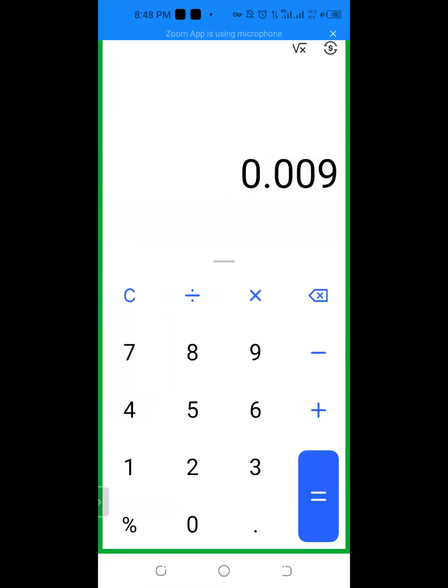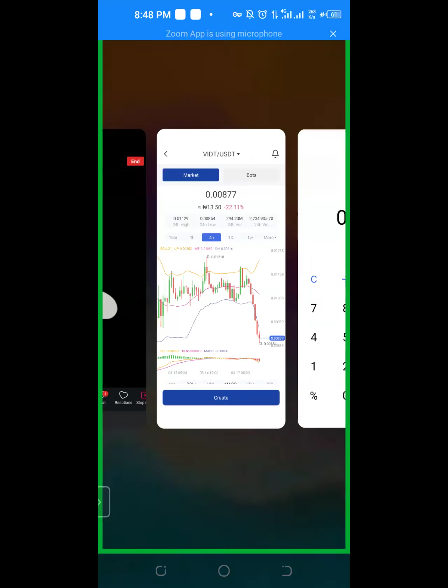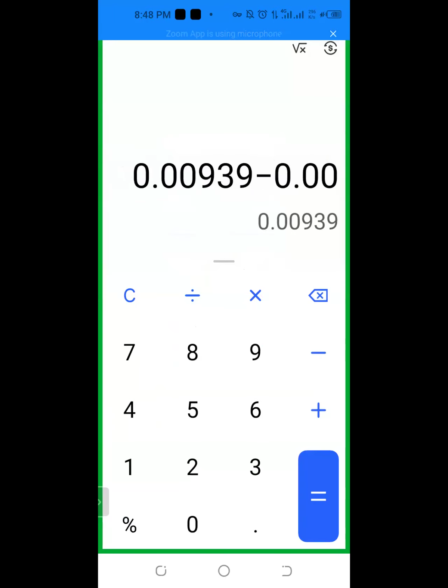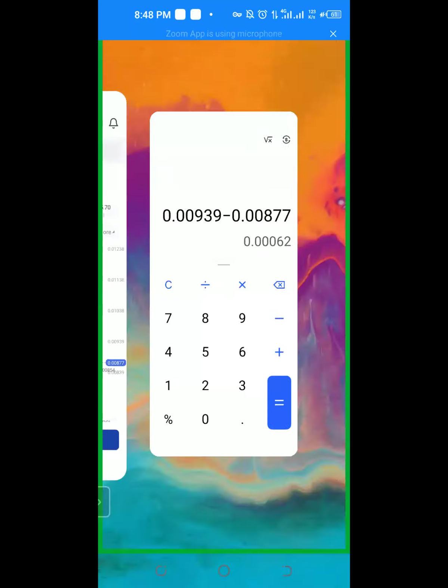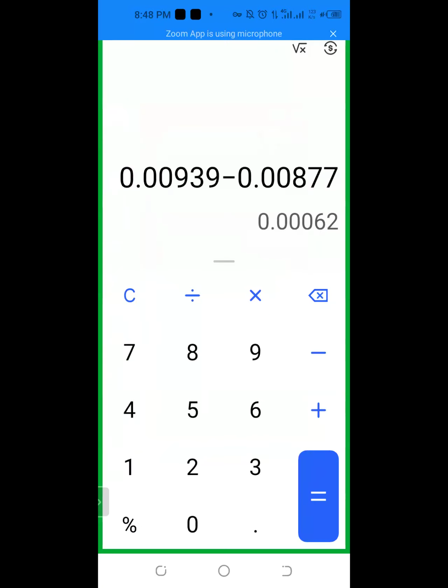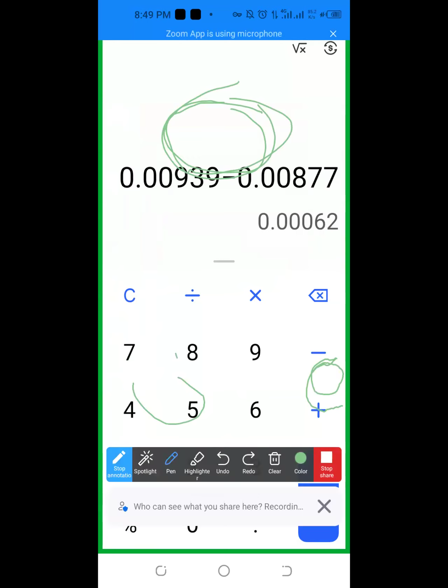0.00939 minus the current price, 0.00877. Don't mind, that's my boy. So now the difference between your targeted price and the current price is this.